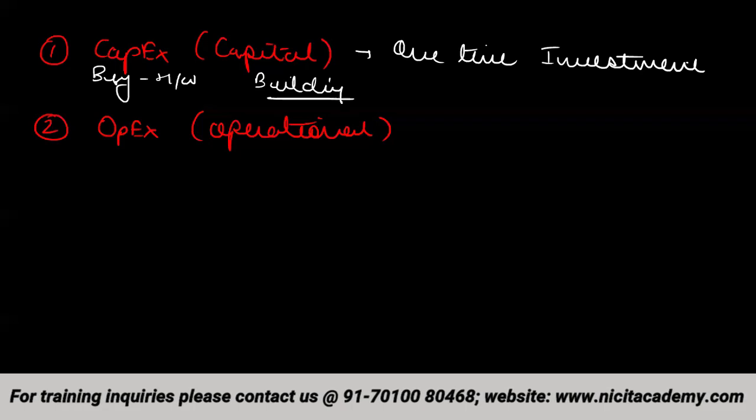So that is the basic definition of capital expenditure. The money that you spend initially, the one-time investment that you're not going to repeat again and again. You spend money on something which is very expensive and you're not going to buy it again and again. That is your capital expenditure.